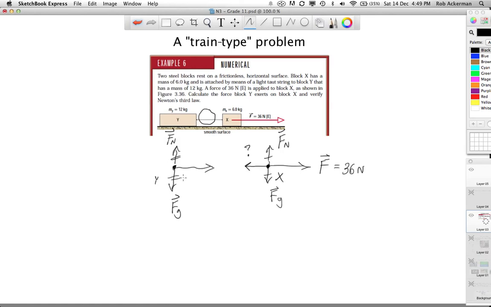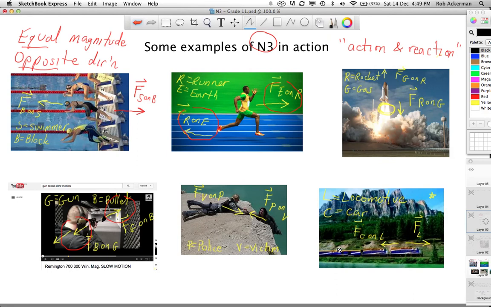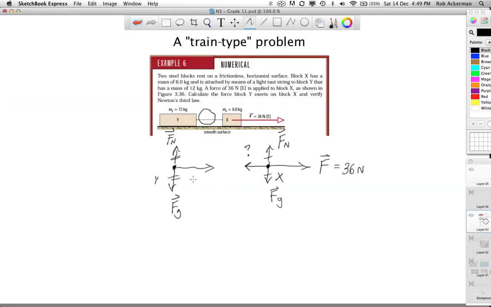Without that tension force, block Y won't go anywhere, which is kind of like saying these cars won't go anywhere unless the locomotive pulls them. All right, so we know there's a force forward, and it wouldn't be a bad idea to call this the force of X pulling on Y. After all, this is like the locomotive pulling on Y.